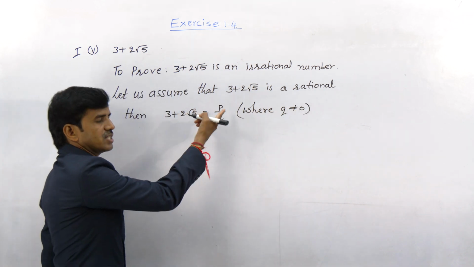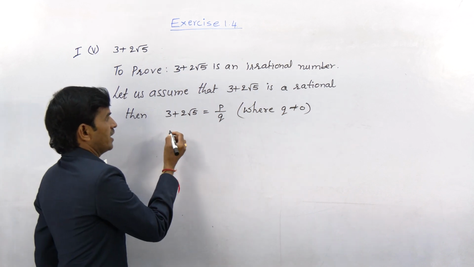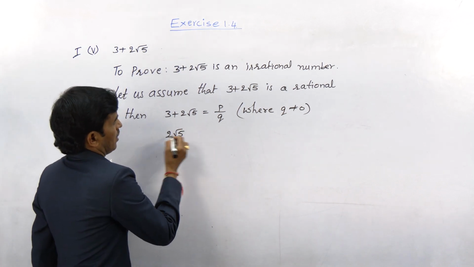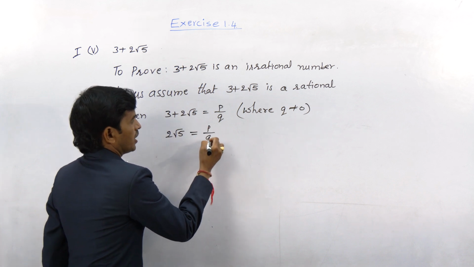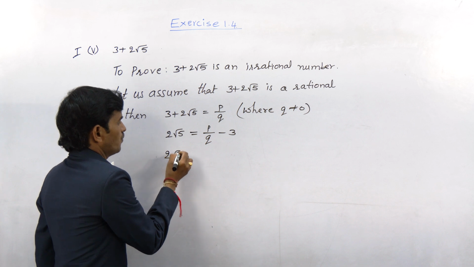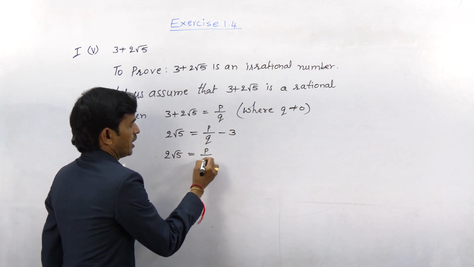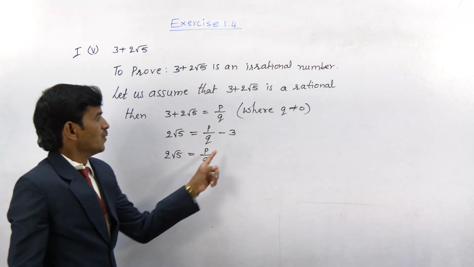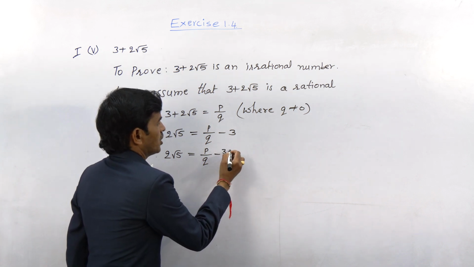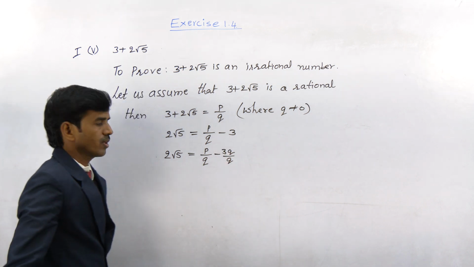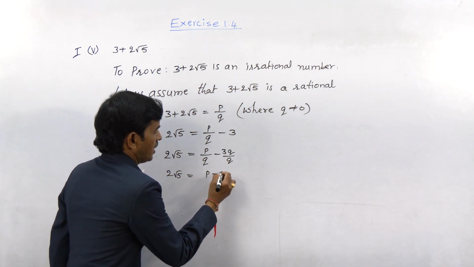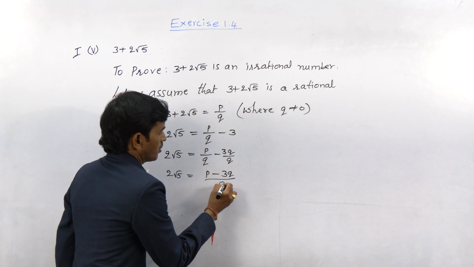Now you can transfer this plus 3 towards the right hand side. So 2 root 5 is equal to p by q minus 3. If you find the LCM, we can write it as p minus 3q by q.